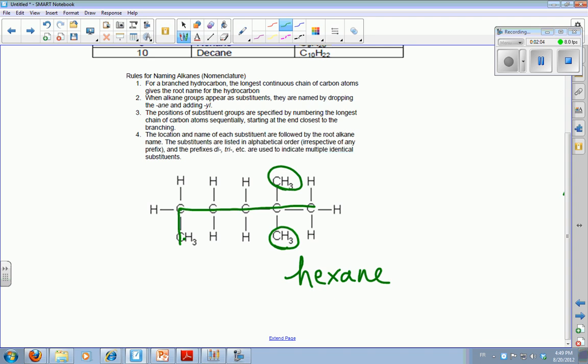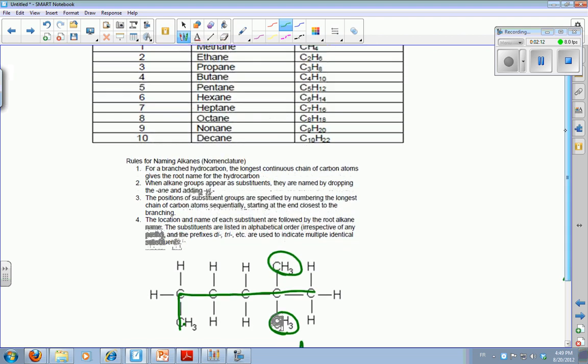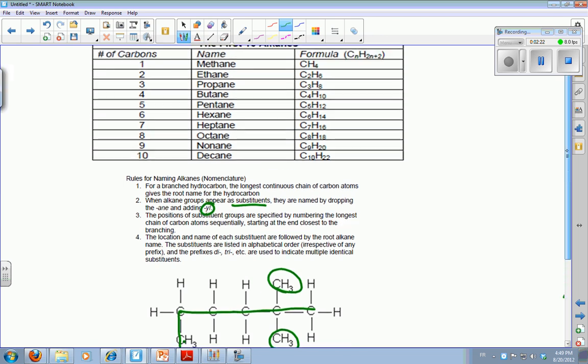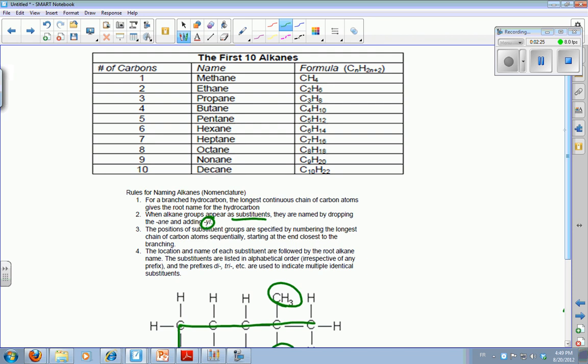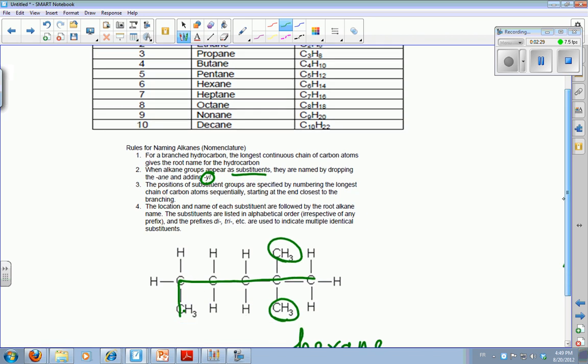Since it's just one C, this is called a branch chain, and that's a methyl group. When alkane groups appear as substituents, they are named by dropping the ane and adding a YL. One carbon is meth, so we just change it from methane to methyl.